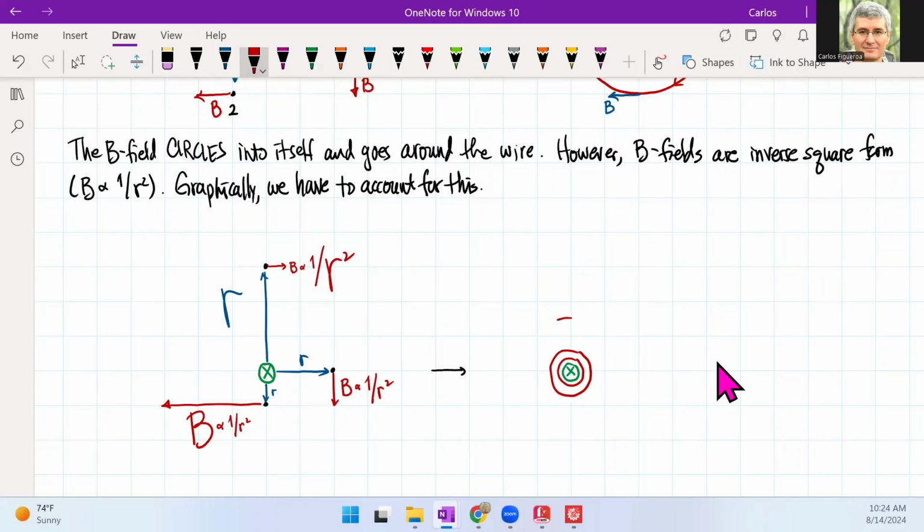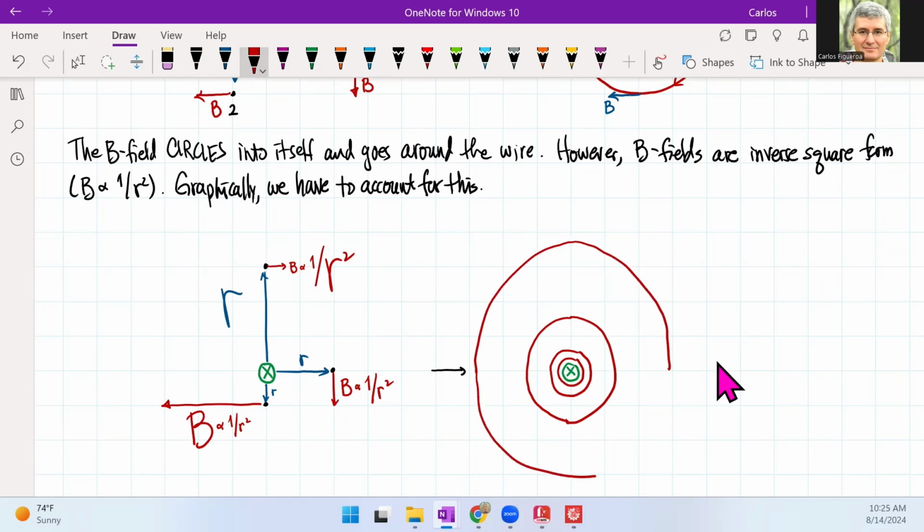But as I get farther away, you can see that the line spacing is getting wider, and as I get even farther away, the line spacing gets even wider. So if I look at points along this, we know the magnetic field must be going in this direction like that.